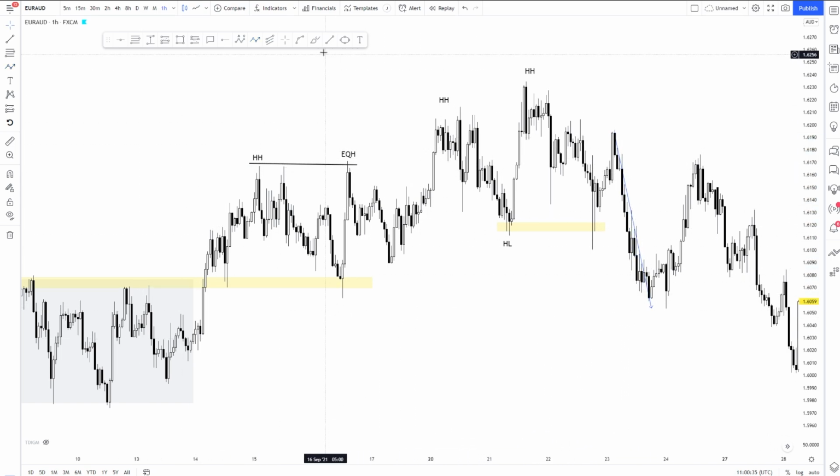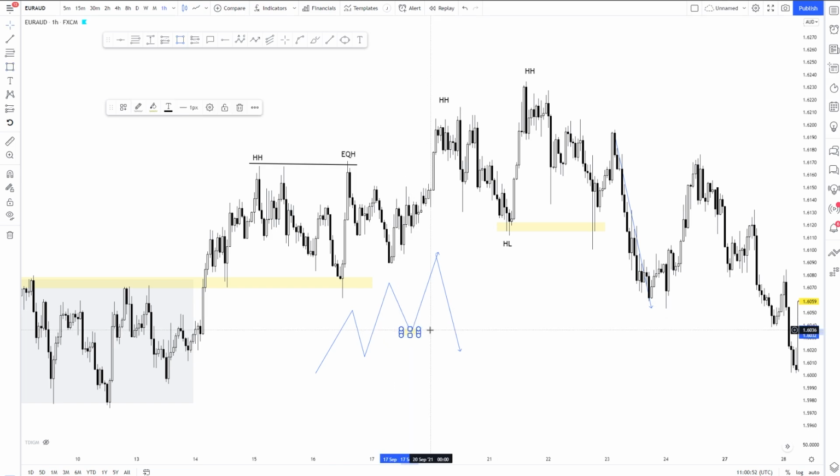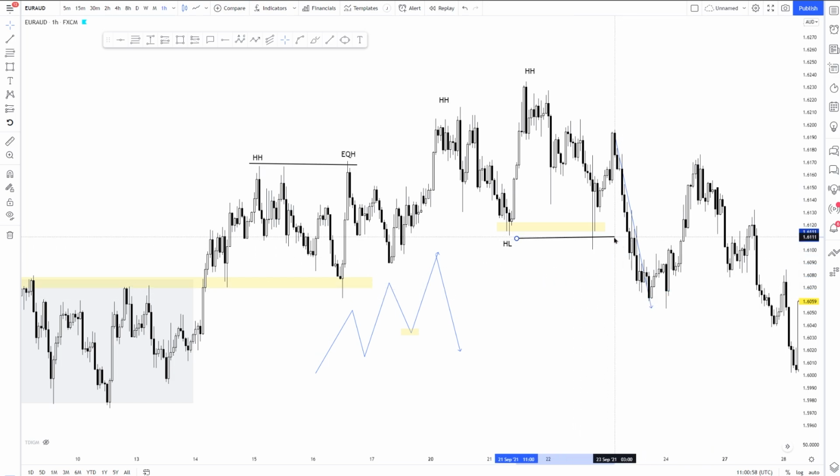So all these bullish structures, the market here was basically bullish: higher highs, higher lows, higher highs, higher lows. But with this push the market basically created a new lower low on the 1 hour time frame. So it broke this previous higher low, and this is a break of structure. So right here, the structure was broken.